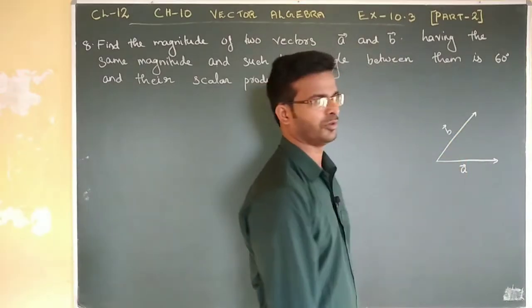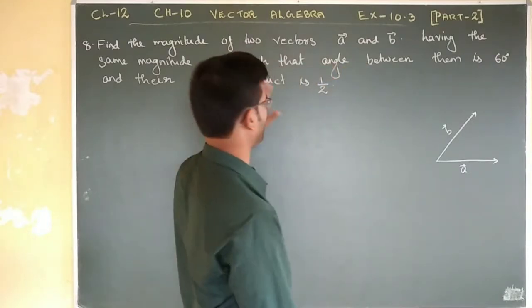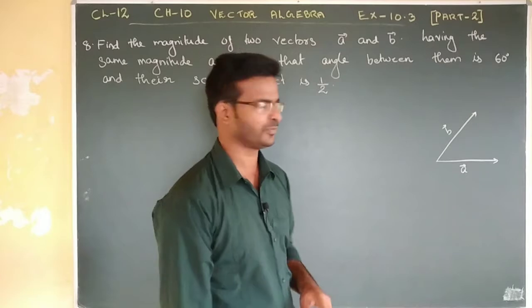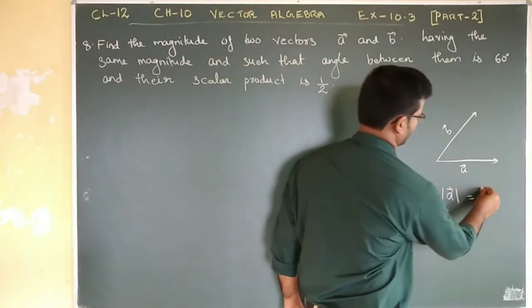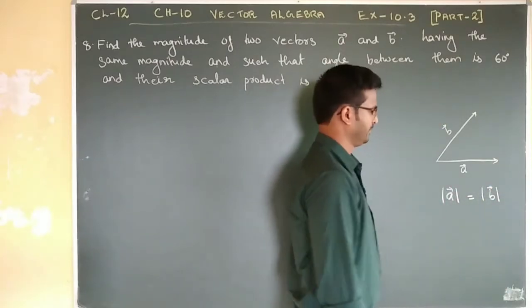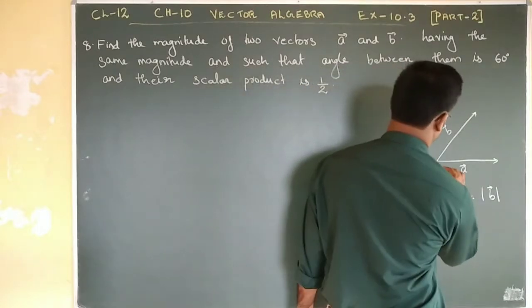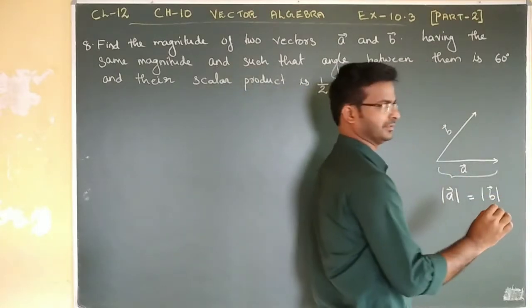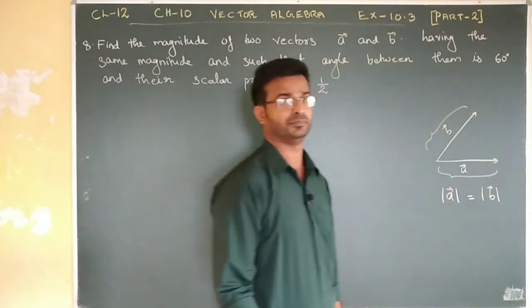They have already given some conditions. Having the same magnitude means the magnitude of A vector and the magnitude of B vector are equal. What do you mean by magnitude? Magnitude means the length of A vector. Magnitude of B vector means the length of B vector.